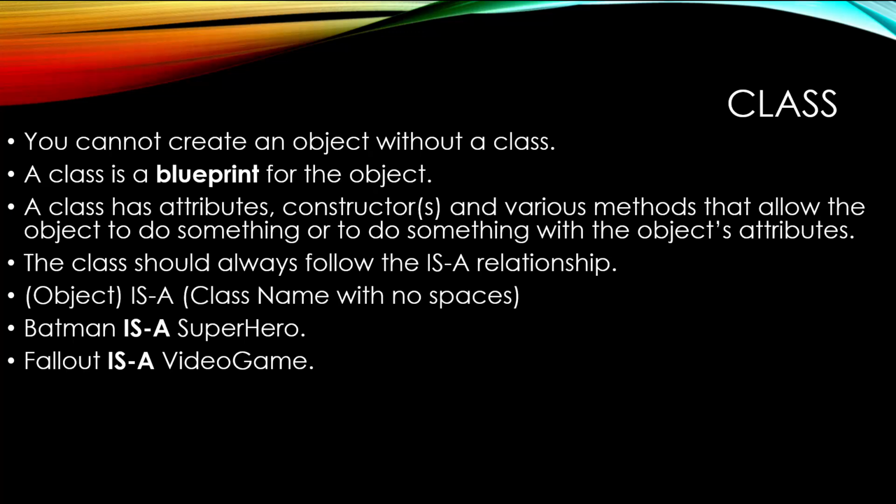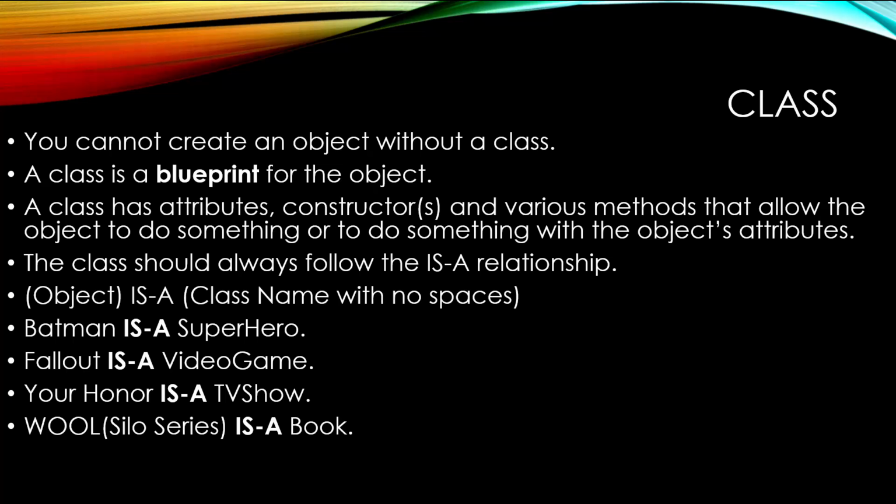What template would I use? I would use the video game template or the video game blueprint. Your Honor is a TV show. Wool, the Silo series, is a book. All of these objects belong to different classes because it follows the is-a relationship. Now, your classes should always be public.